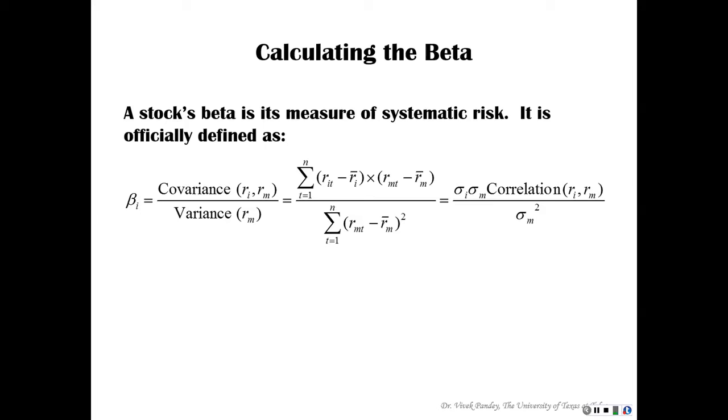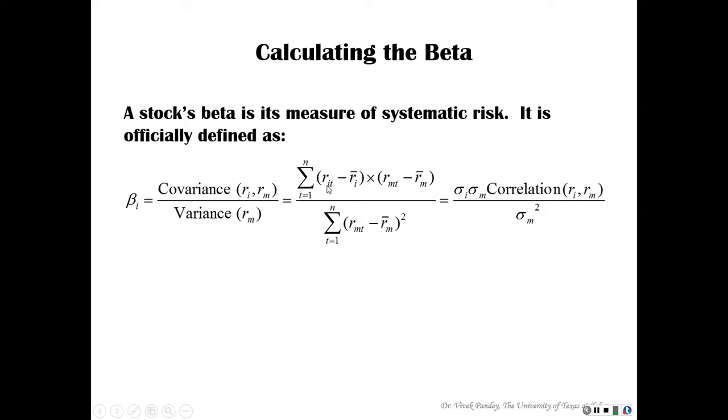And here are the formulas. How you calculate covariance is take the deviation of one thing from its average, and the deviation of the market portfolio from its average, multiply them, and then add those up. It's very similar to the variance calculation, where we take the deviation and multiply it with itself, so we're squaring it. Here we're multiplying two deviations, right?